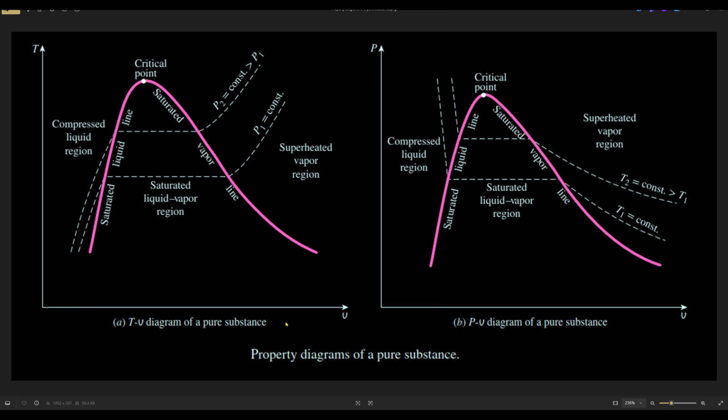For example, this is a T-v graph, and we have some constant pressure. If we consider this corresponds to 180 kilopascal, and the specific volume is between these two points, vf and vg, then we are working in the saturated liquid vapor region.